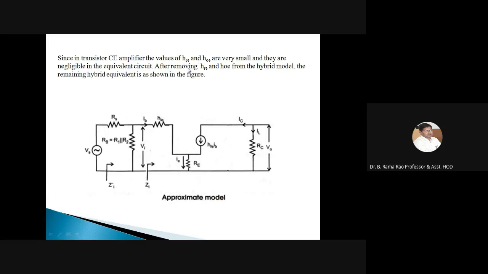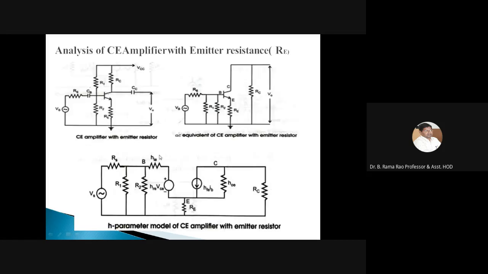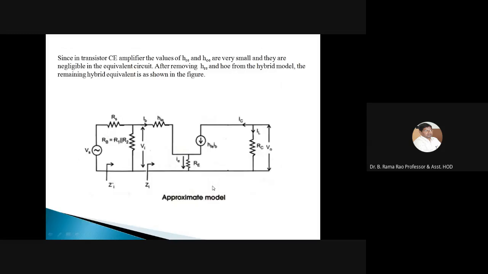We have seen earlier, while doing the approximation analysis, how small they are. So by neglecting these, we replaced the circuit. Hre is very negligible, and hoe is also very negligible, so we have neglected them.